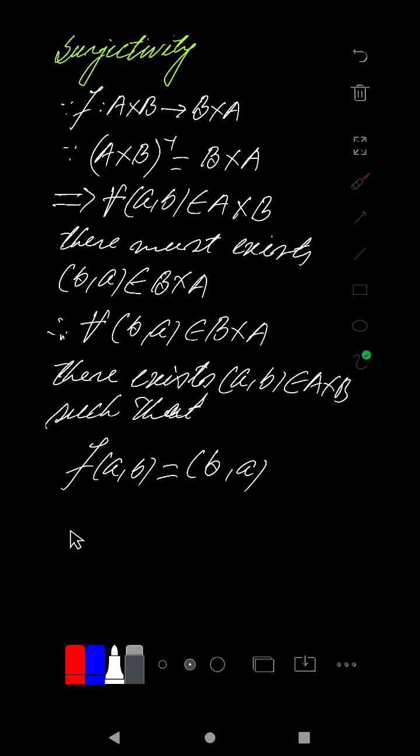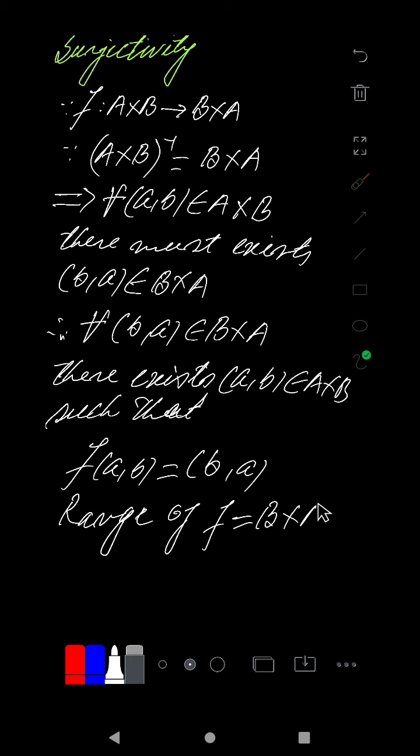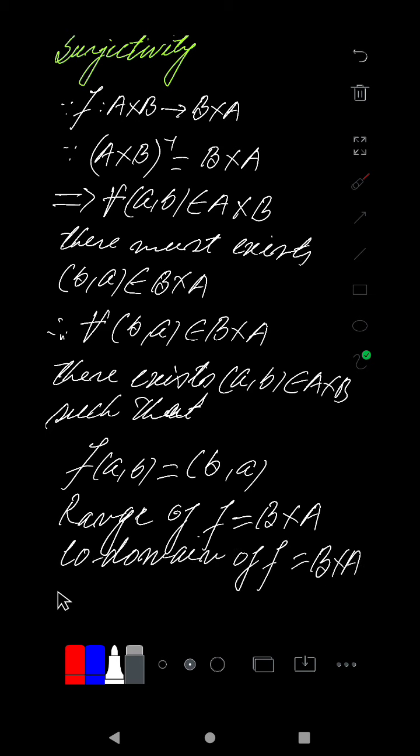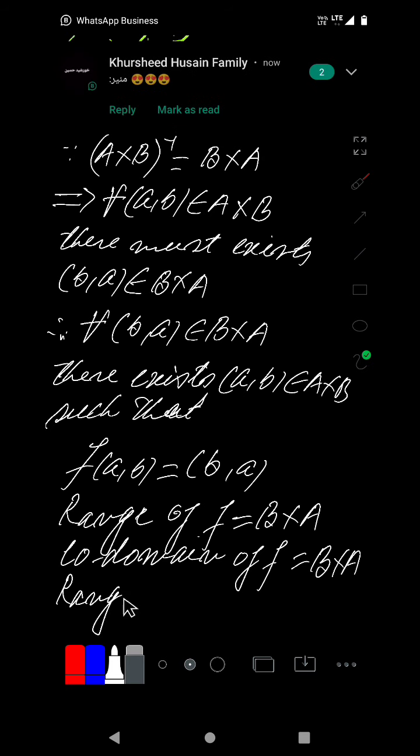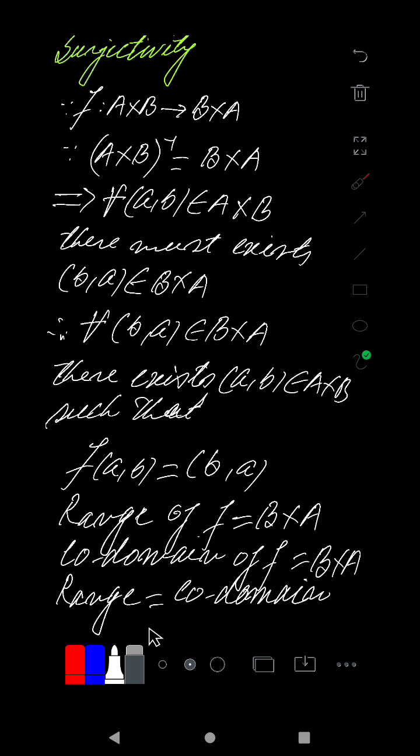So, the range of f must be equal to B cross A, and codomain is also the same, so it implies that range is exactly equal to codomain. Thus, the function is onto as well, so we may conclude that the function is a bijective function as it is 1-1 as well as onto.